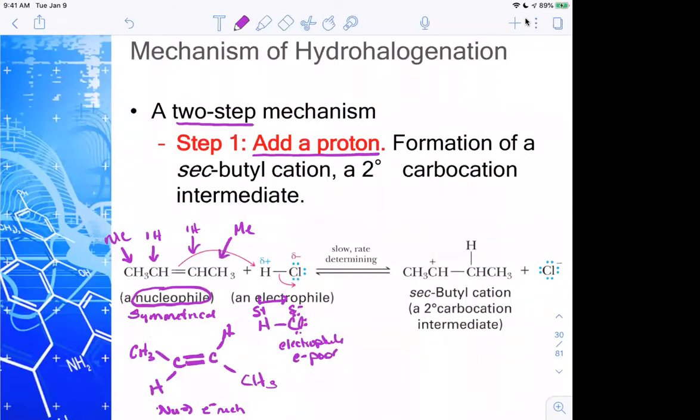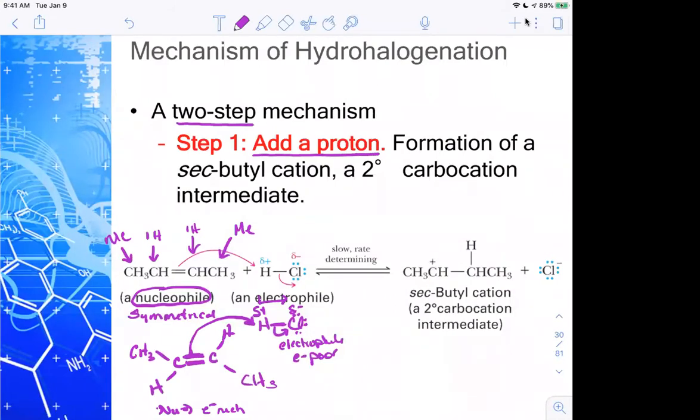So in the nucleophile, the area of electron density, and it goes towards the electrophilic piece. These two electrons start at the bond and come out and attack that hydrogen. Then these electrons are going to come out and end up on the chlorine.